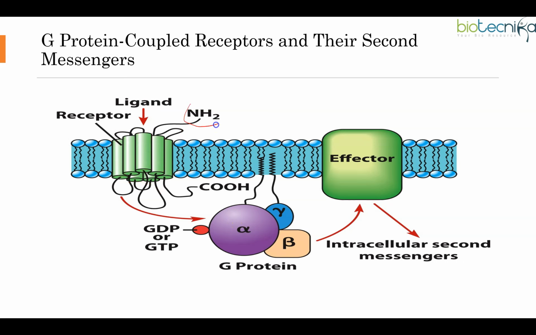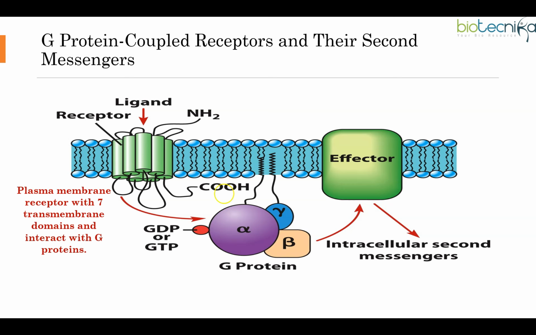Okay. The amino terminal part will be present towards the extracellular side, whereas the carboxyl part will be present towards the cytosolic side. Now, this is the transmembrane receptor which can interact with G protein.